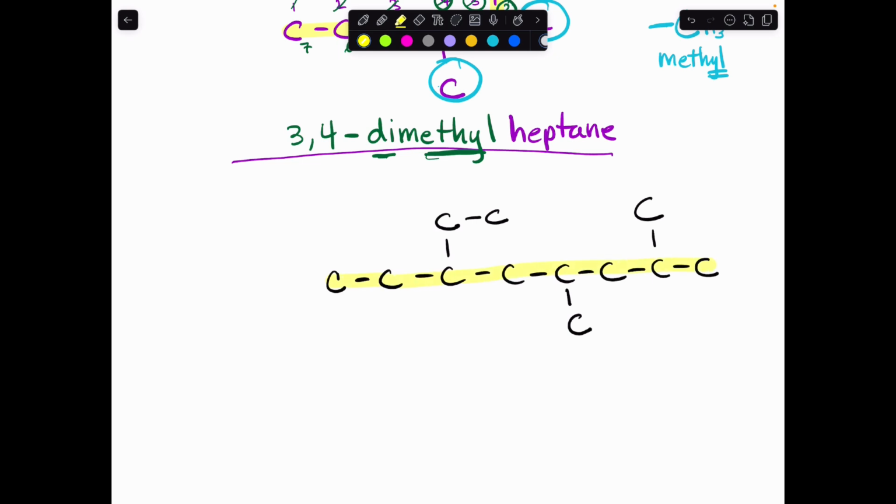Sometimes it might not be. Notice as I got here to the end, I could have done this, and that's exactly the same long chain, and would get me exactly the same answer. But I'm going to stick with the yellow, and then I'm going to look at my groups hanging off of it.